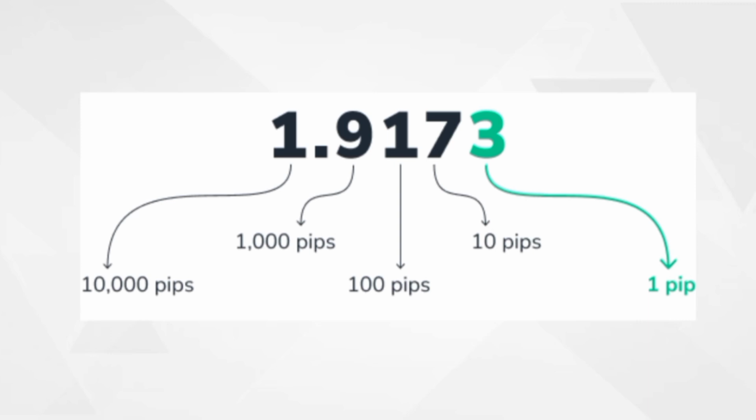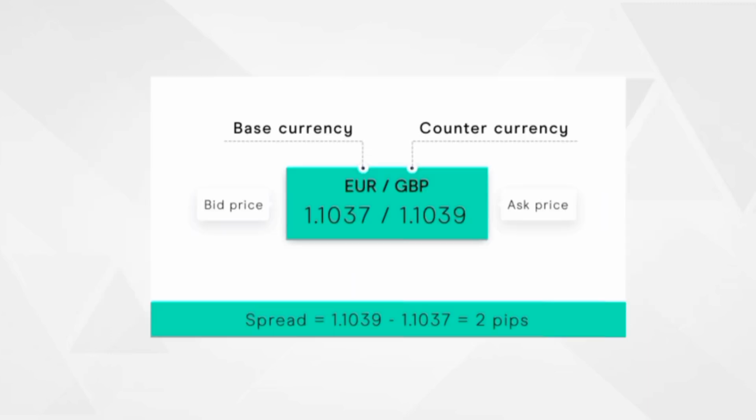One thing I want you to understand is that many of these things you're going to be hearing, if you're new, don't make so much sense, but with time, as you start practicing, they start to make sense to you. So next thing we are going to talk about is spread. Spread is just the difference between the ask price and the bid price.